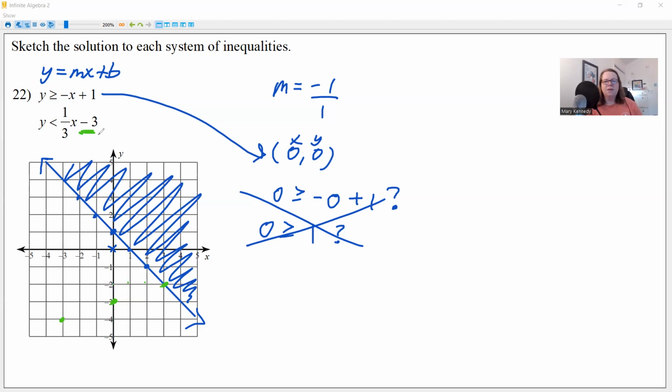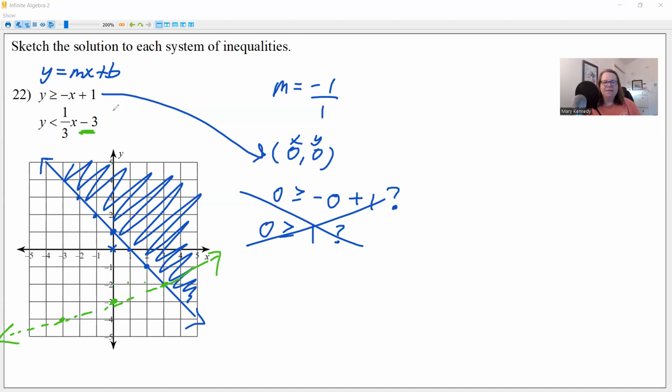From there, I want to think about dashed or solid line, and I don't have that underline right underneath the less than symbol. So that tells me that this is going to be a dashed line. So, something like this. You just want to connect the dots as best you can, but make sure that it's clear that that is a dashed line and not a solid line.